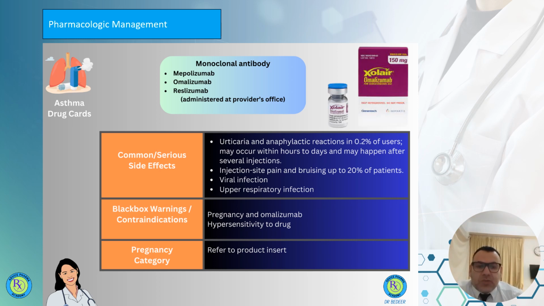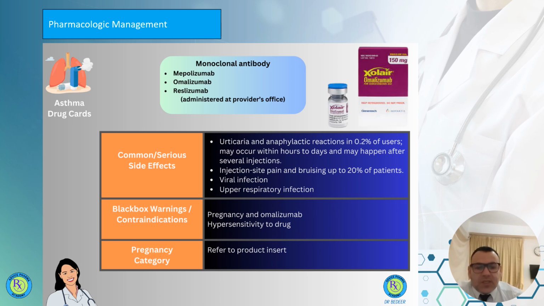Like omalizumab needs to be used every month, and as an injection it can be given subcutaneously at home, or the patient can prefer to take it in the doctor's office. The side effect is that these products decrease body immunity, so the side effects are immune related, like increased viral infection or upper respiratory tract infection, because they depress immunity.